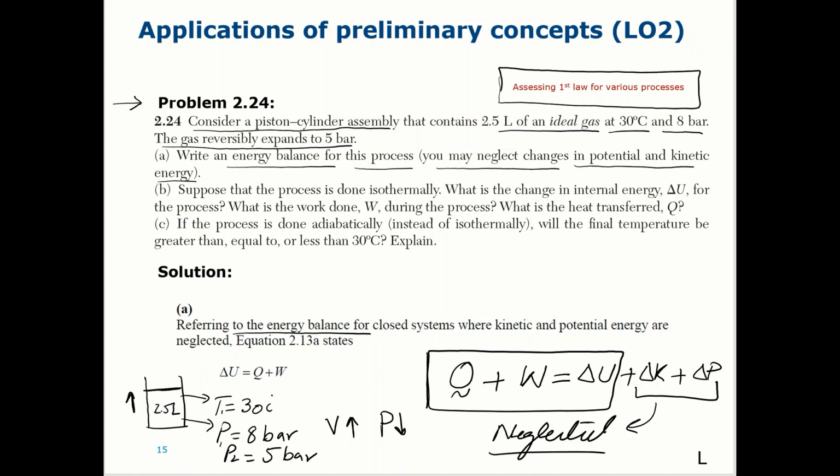Now let's read part 2, which is part B. Suppose that process is done isothermally. What does it mean? Isothermal, iso means same, thermal means temperature.